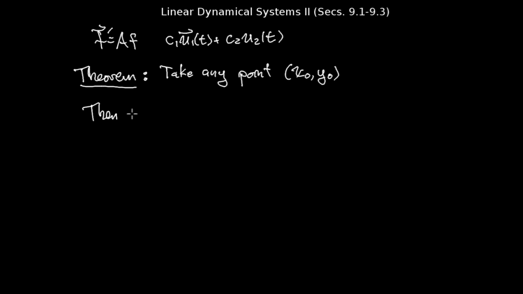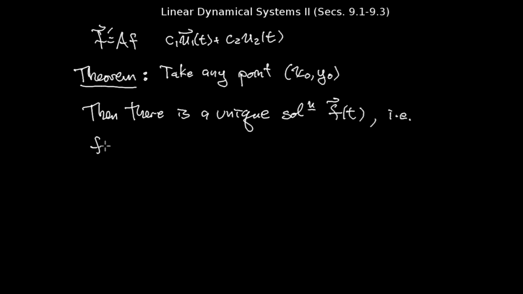Then there is a unique solution, f(t), which goes through that point, and you might as well have it go through the point at 0. So that is to say, f(0) is equal to this point.